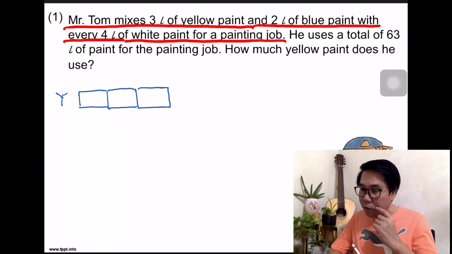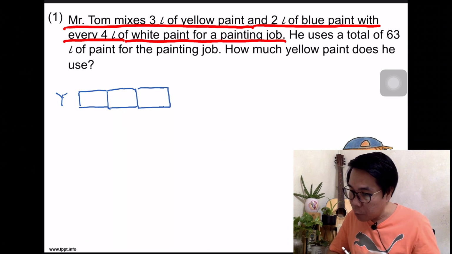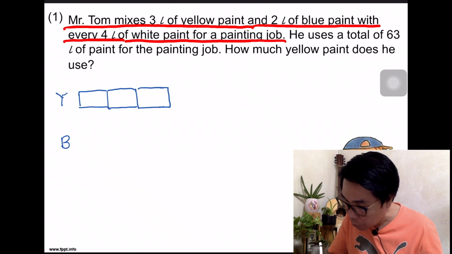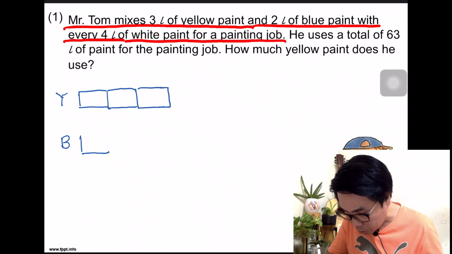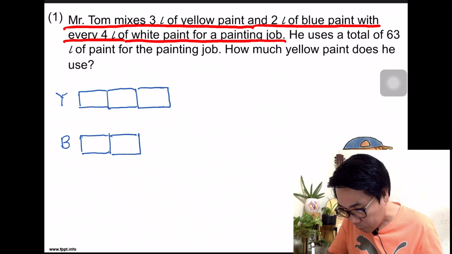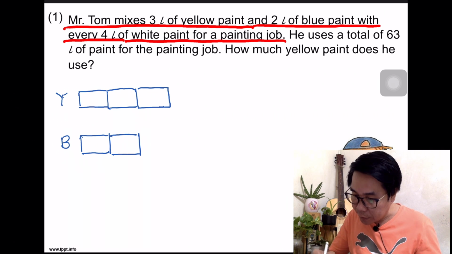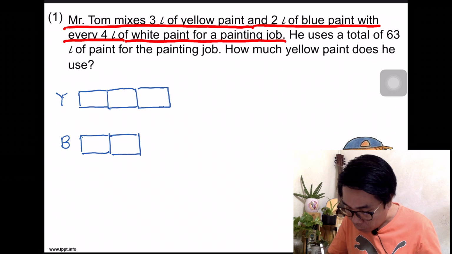Okay, and for the blue paint is 2 liters. So that means 2 units. And for the white paint, it is 4 units, or 4 liters means 4 units.